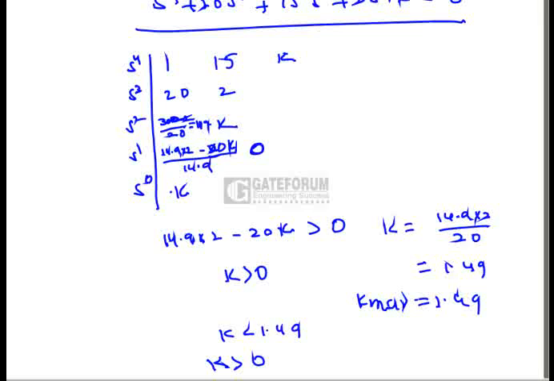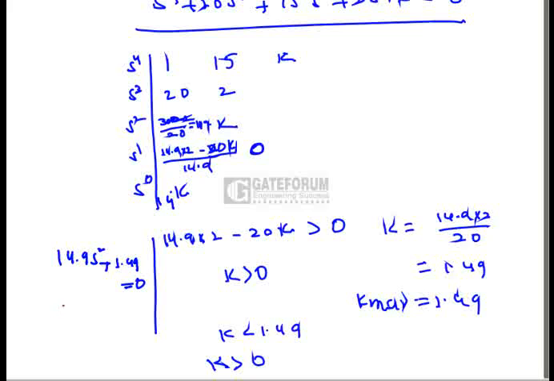After getting the k marginal value, we have to find out the auxiliary equation. This is the auxiliary equation. Here the multiplication of the s square factor is 14.9 into s square, plus k, where k I got as 1.49, and this is equal to 0.